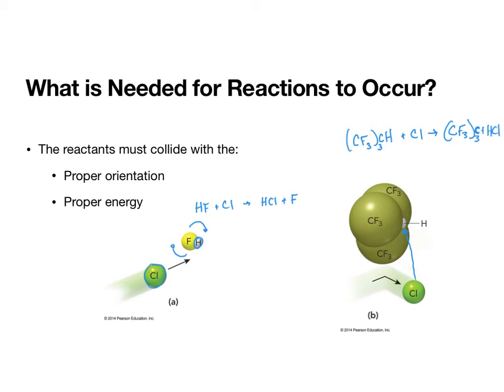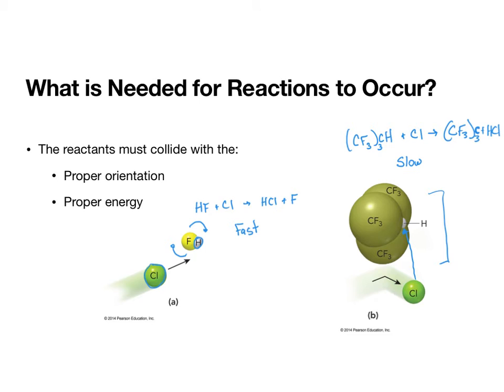And so this is trying to show us that we would expect this one to be slow and this one to be fast, because this one will be slow since getting that collision to occur with the proper energy and orientation is going to take a lot more chances, because these collisions are random.